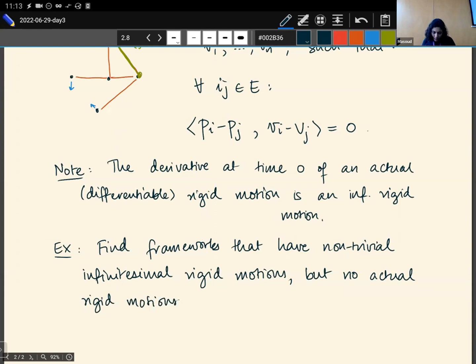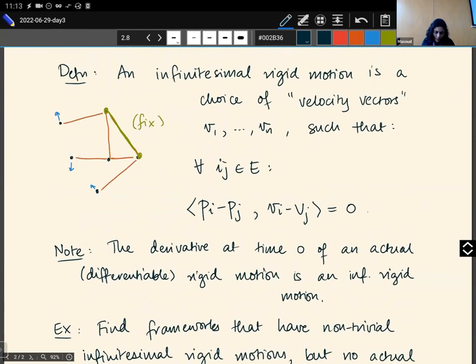Okay, so good. So what are we doing with this? As you can see, the framework that I drew here is infinitesimally flexible, meaning it has non-trivial infinitesimal rigid motions. It also has non-trivial rigid motions because you can wiggle the arms around however you like. We've also seen that triangles don't have any non-trivial infinitesimal or otherwise rigid motions. So by the way, if a framework is infinitesimally rigid, then it's rigid, okay?